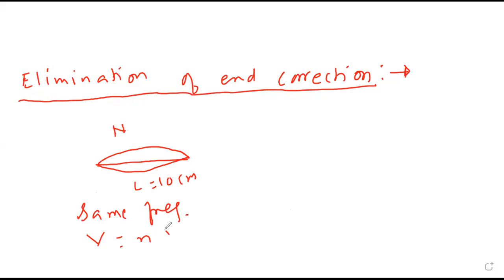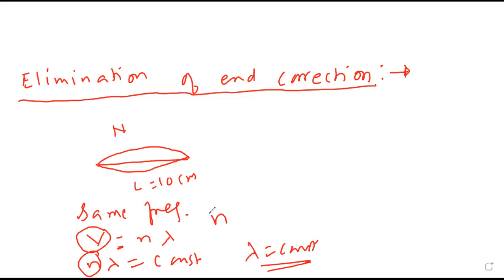V is n lambda. So if medium is same, then V is constant. So for same medium, n lambda is constant. And if resonance, then n is also constant, matching with the tuning fork. So if resonance in same medium, then lambda should remain constant.